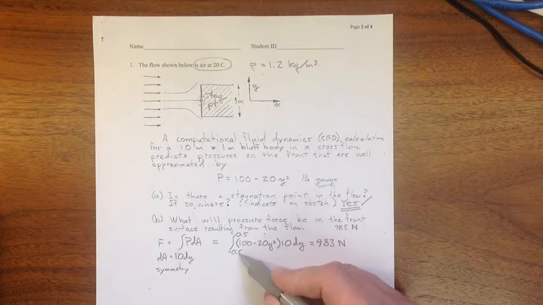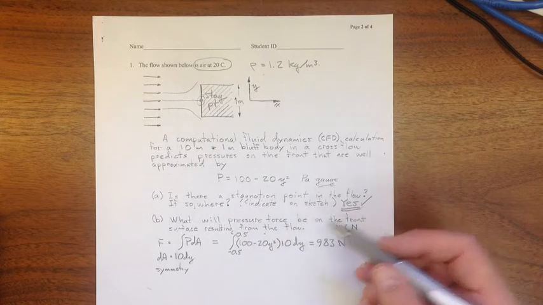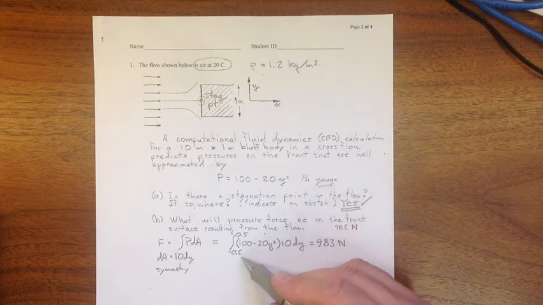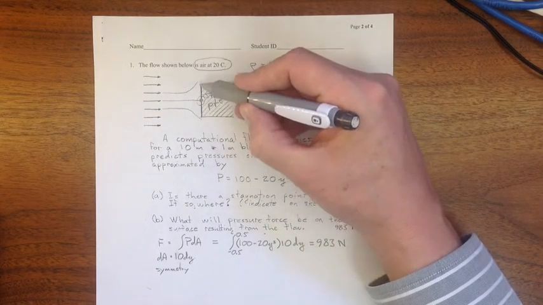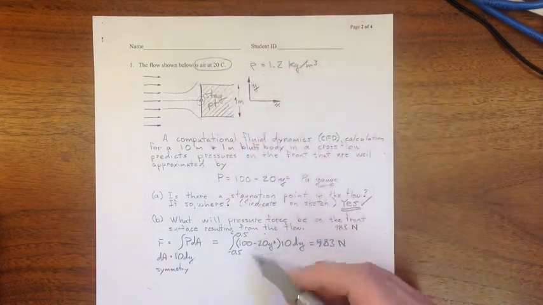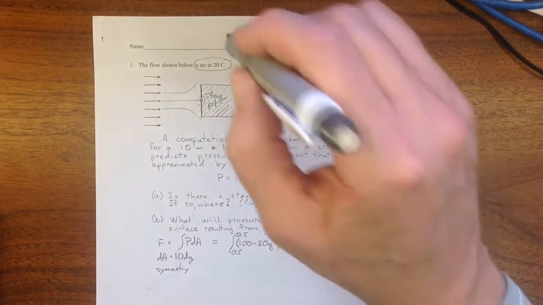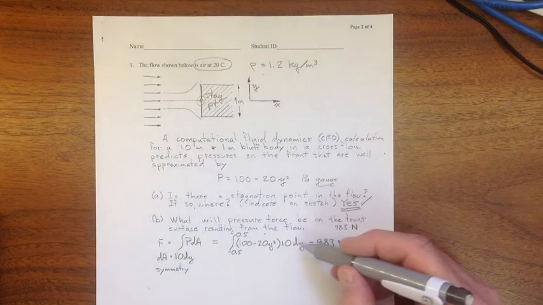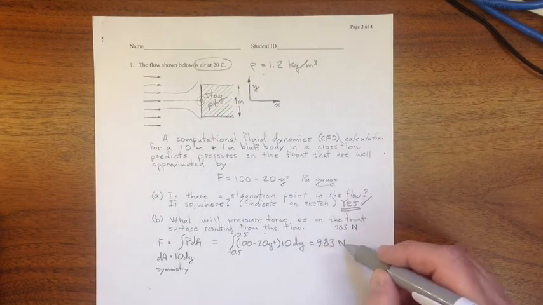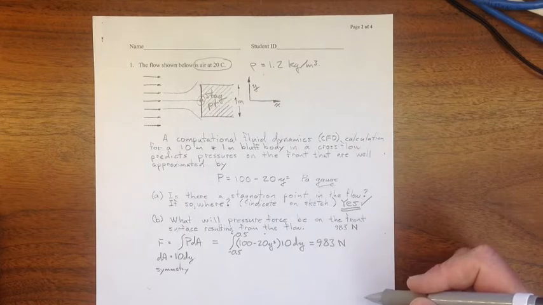Or we can do it from negative 0.5 to 0.5 and we don't have to multiply by 2. Negative 0.5 to 0.5. This is p, 100 minus 20y squared. The depth into the page is 10 dy, and if we do that integration, we wind up with 983 newtons.